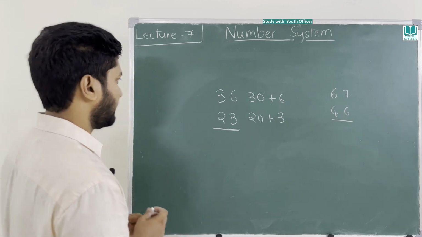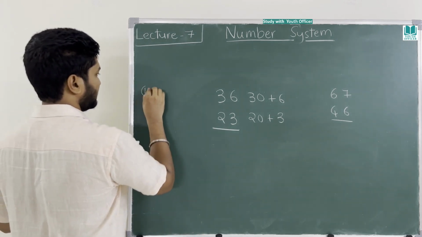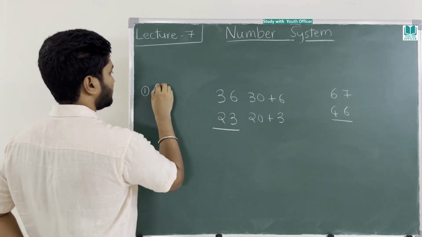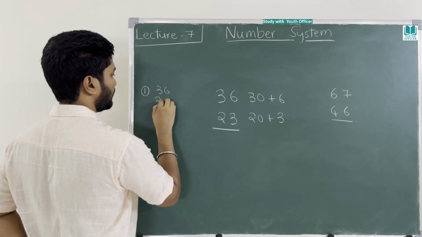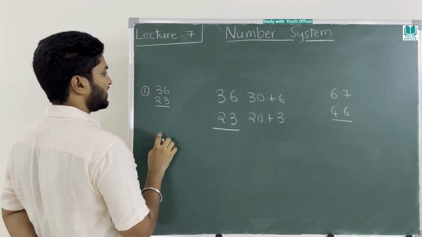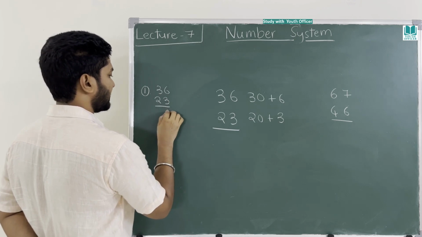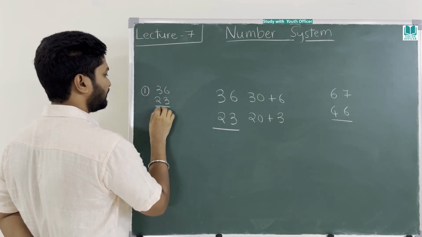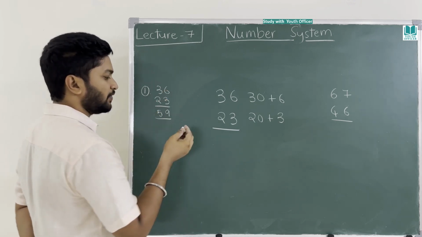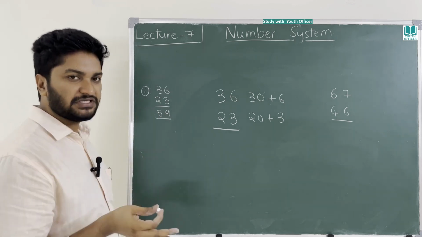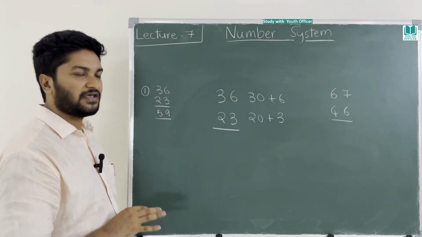I'll show you. First you write them one by one. 36, 23, and directly you add 6 plus 3, 9, 3 plus 2, 5. But in the exam you cannot use a pen. If you keep using a pen, then you will waste a lot of time in the exam.